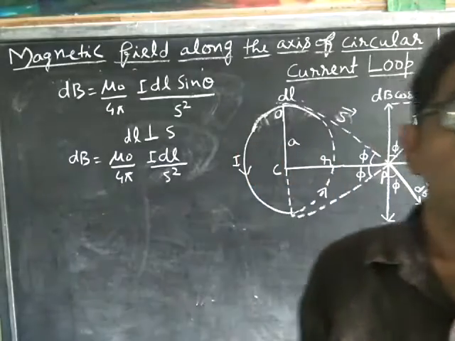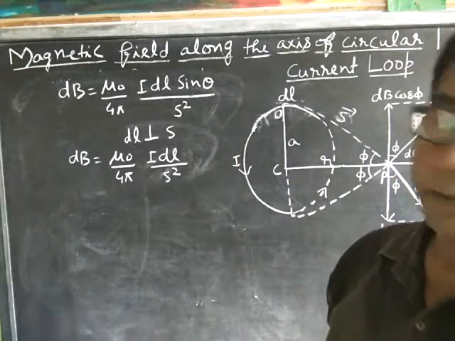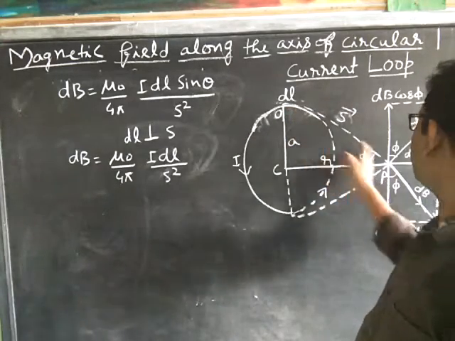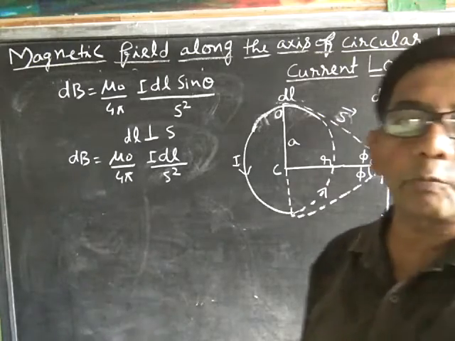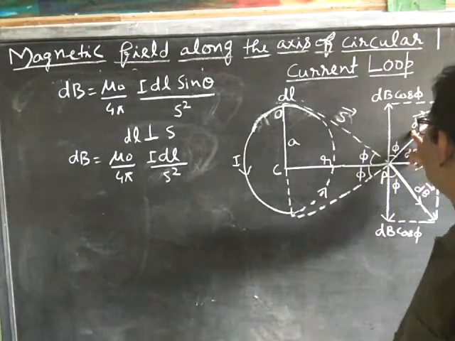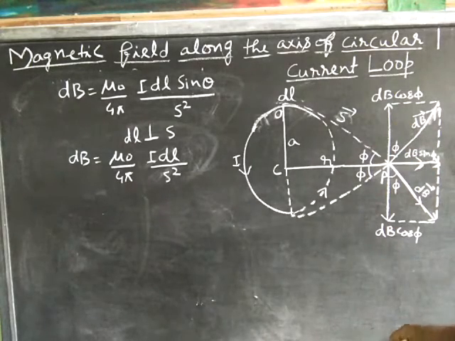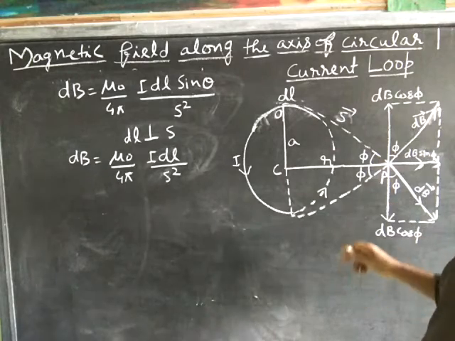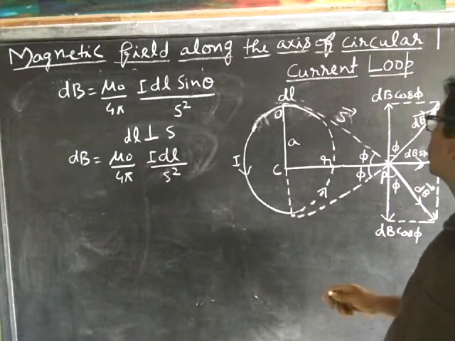Now let phi be the angle between OP and CP. Now resolve the magnetic field dB into two rectangular components: horizontal component dB cos phi and vertical component dB sin phi.